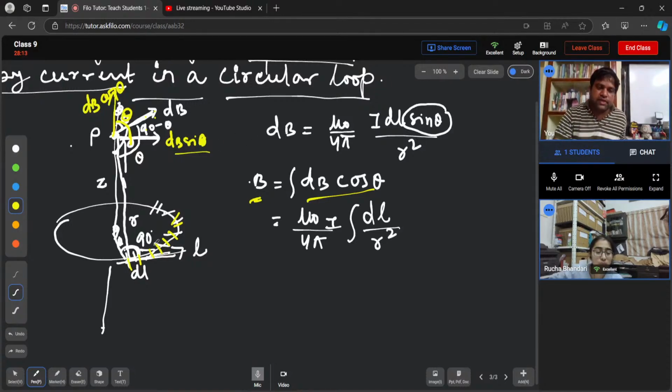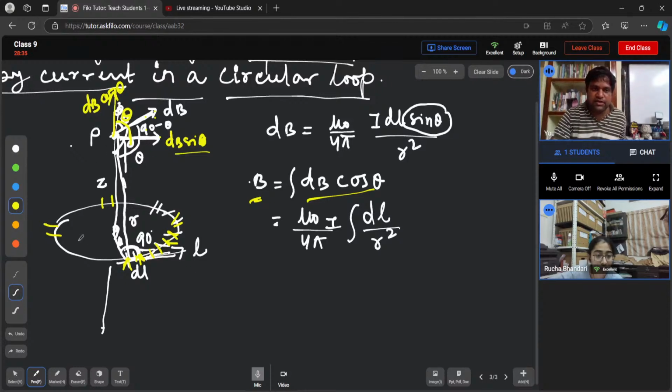Because suppose this is a circle. For each element there is a diametrically opposite element available.